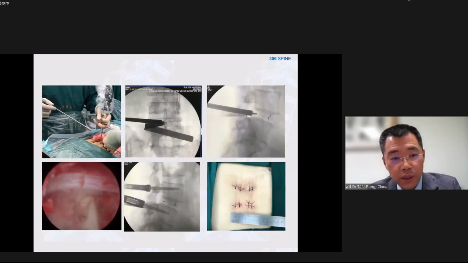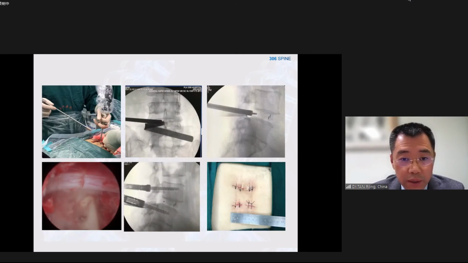I use the kits that I routinely use for open surgery. After protecting the nerve root with a retractor, I can use the routine kit. And the bone graft is allograft.